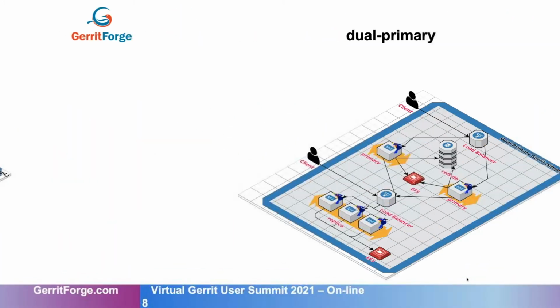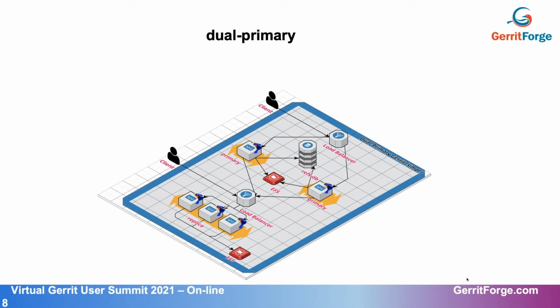And then we go from here. You can also deploy the dual primary recipe. This is a highly available environment in which you have two primary Gerrit instances behind the load balancer that are serving traffic in an active way.